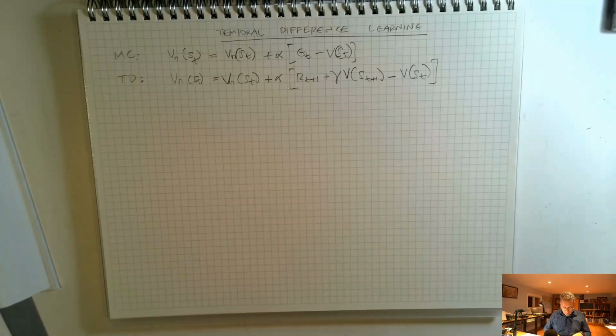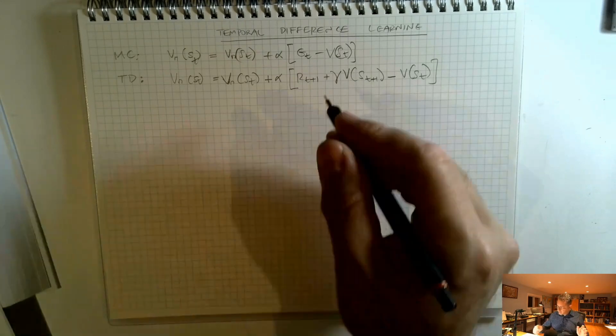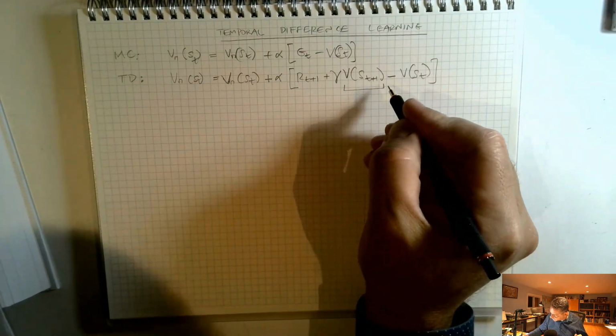Now, what is really the big deal about it? You can consider the temporal difference learning approach as a kind of hybrid between what we are doing in Monte Carlo and what we are doing in dynamic programming. In the dynamic programming video, we have seen that there is bootstrapping, and here you see the bootstrapping in front of you.